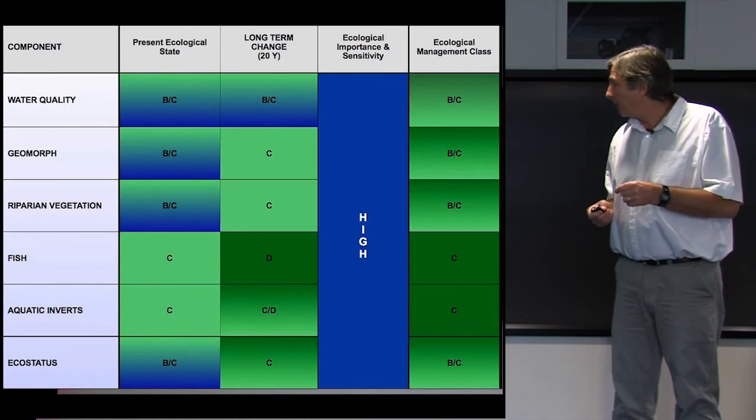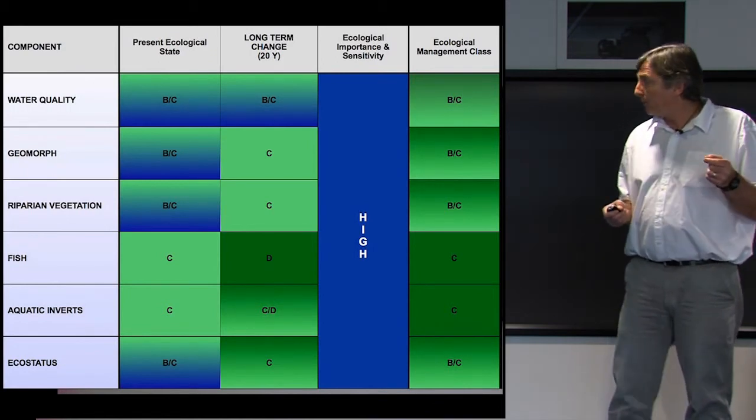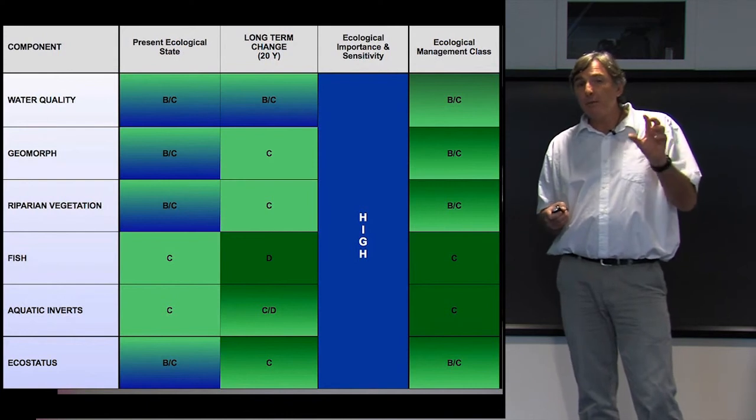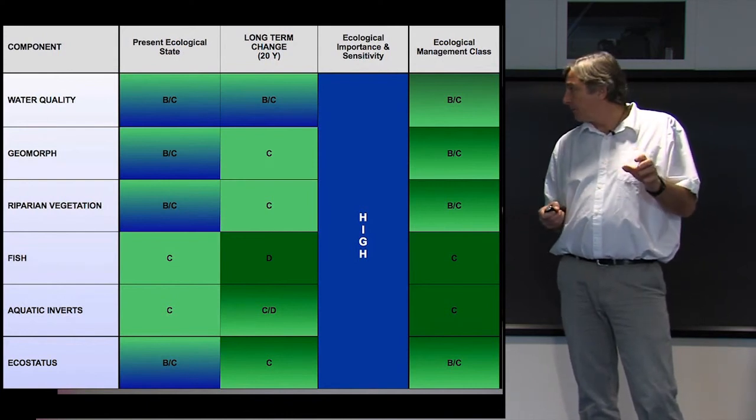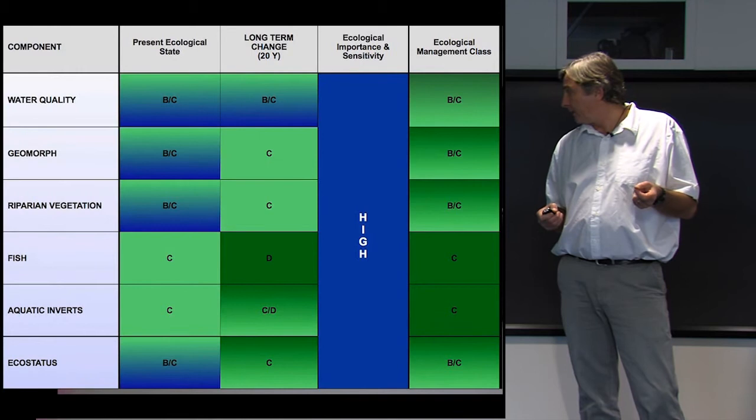So the long-term change for geomorphology would be predicted that it would change from a BC slightly to moderately modified to definitely moderately modified.